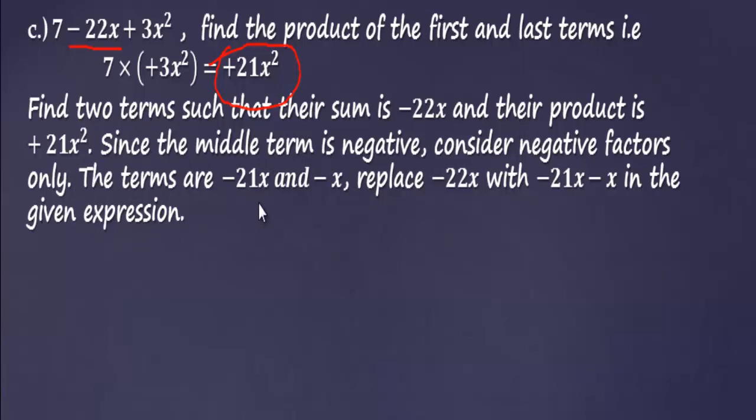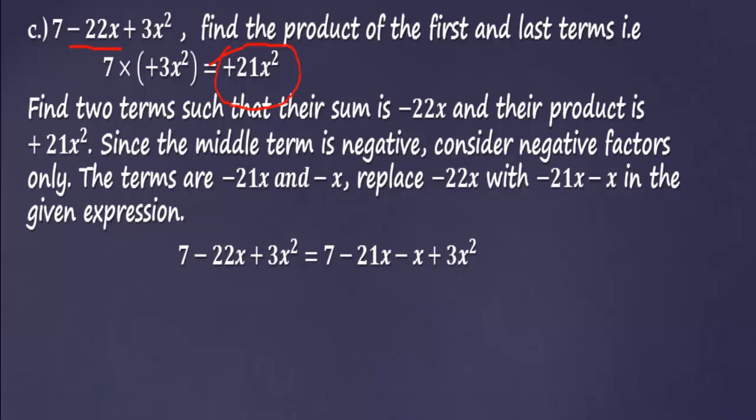When you use the same method that we did in A and B, you will get minus 21x and minus x. When you replace minus 22x with minus 21x and minus x in the given expression, you are going to get 7 minus 22x plus 3x squared equals 7 minus 21x minus x plus 3x squared.